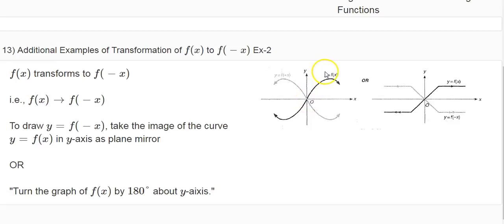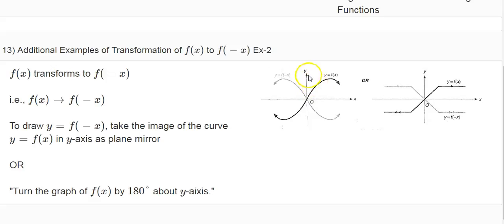So how is this transformation done? Suppose this is x is equal to 1 and this is the value of y is equal to f(1). Then what would be the value in the graph of f(minus x)? See, the absolute value would remain the same, but it would be for minus 1. So earlier if this was the value f(1), then this would become the value of f(minus 1).